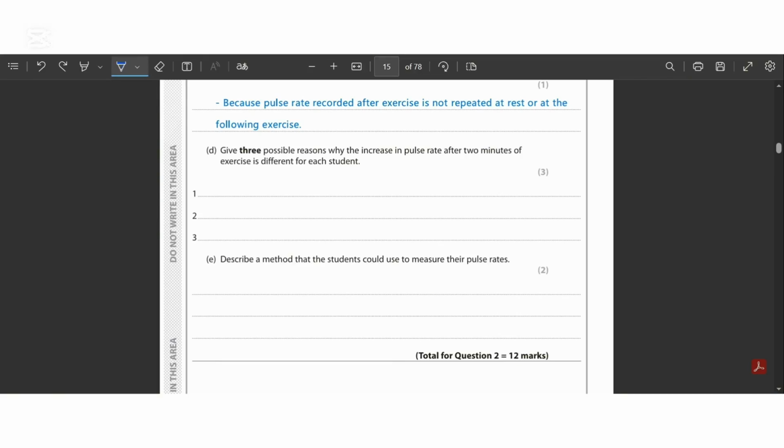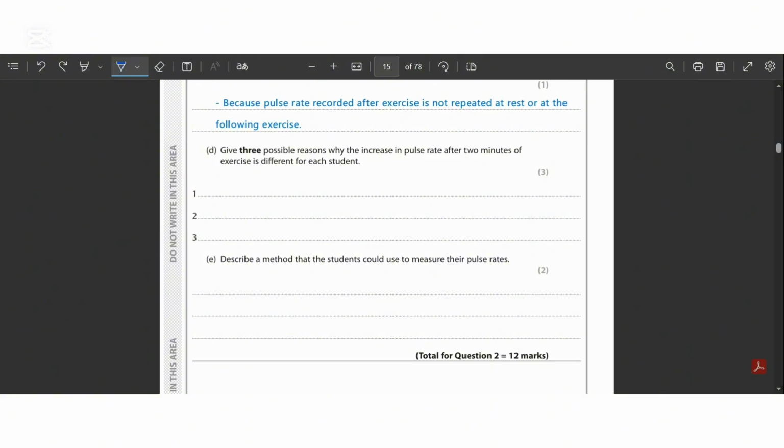Also, we do not know if these students are free of any diseases or disorders which might indirectly affect the results of this experiment. Hence, they have provided us no information. So we can list down three of the errors that they have made over here.